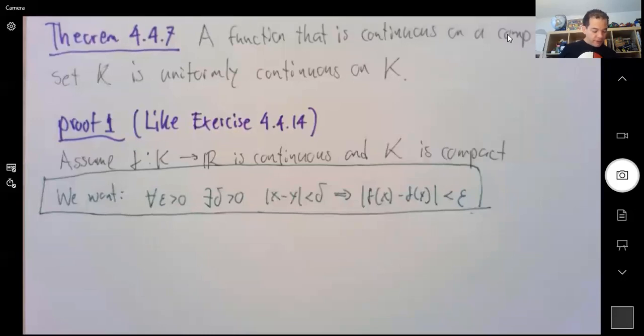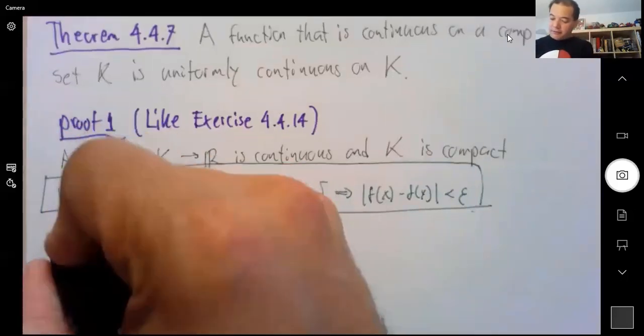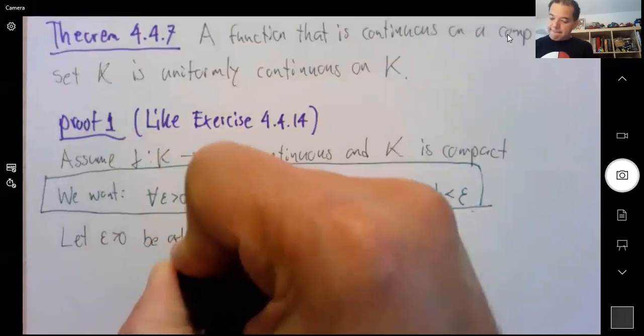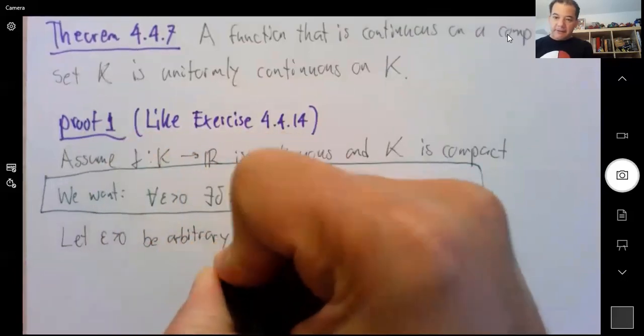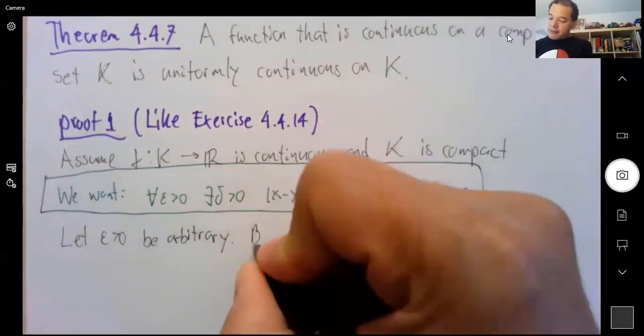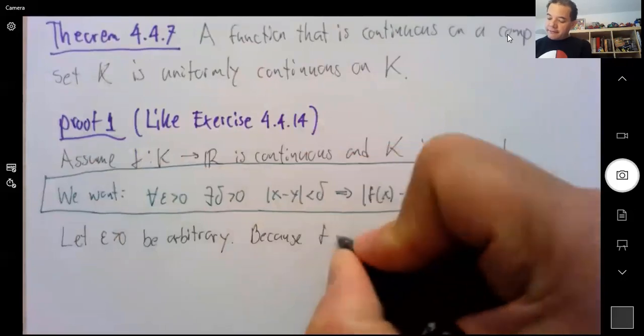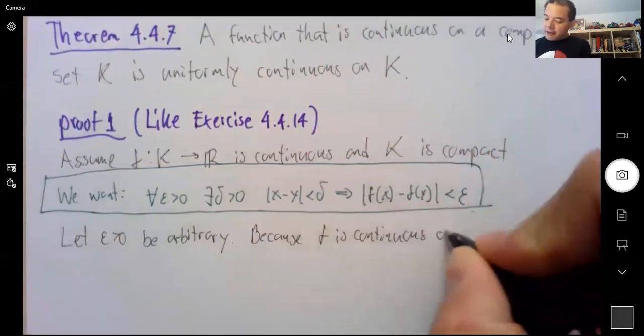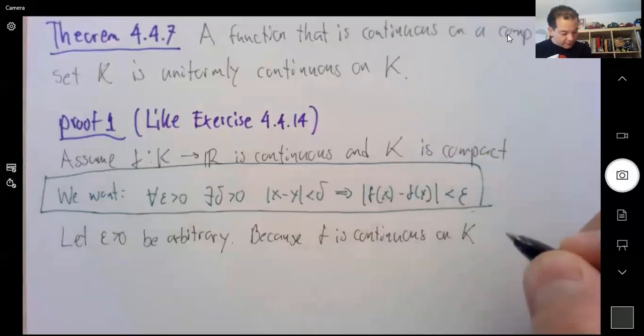So let's start by writing down what is the meaning of being continuous. And here is what it means, right? So we pick an epsilon. First, let epsilon greater than 0 be arbitrary. We pick an arbitrary epsilon, and then because f is continuous on K, then this happens.